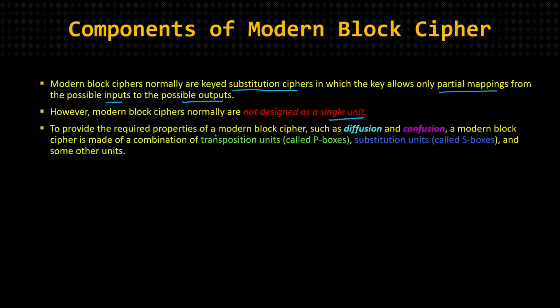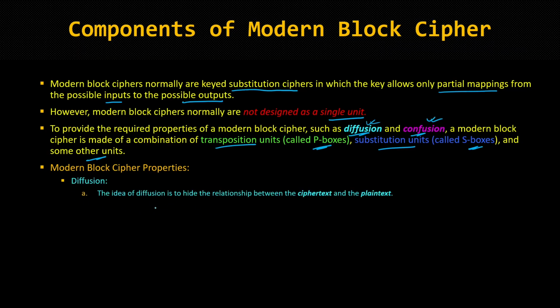To provide the required properties of a modern block cipher, which are diffusion and confusion, a modern block cipher is made up of a combination of transposition units, substitution units, and some other units. So in transposition units, we will get to see P boxes, and in substitution units, we will get to see S boxes. So the properties of a modern block cipher that I have shown are diffusion and confusion. So let us see what they are.